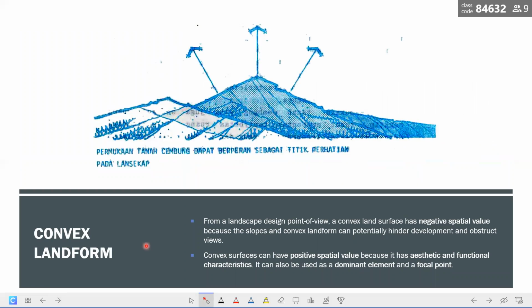From a designer's point of view, a convex land surface has negative spatial value because the slopes and the land formations can potentially hinder development and design. They can also obstruct views.